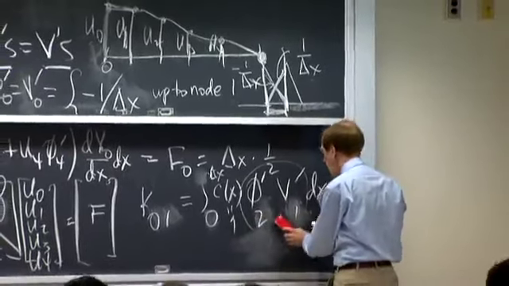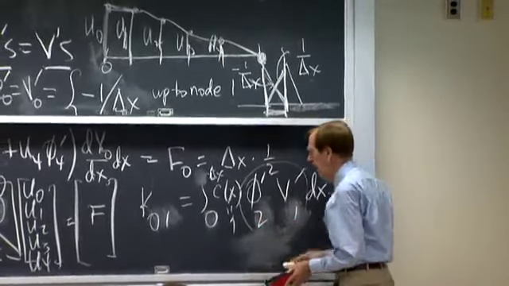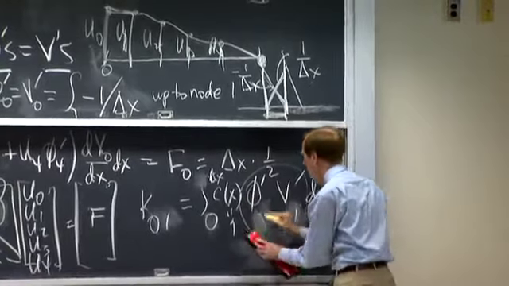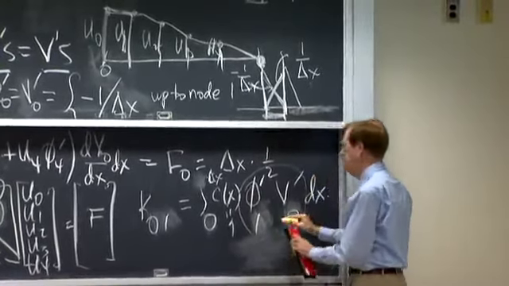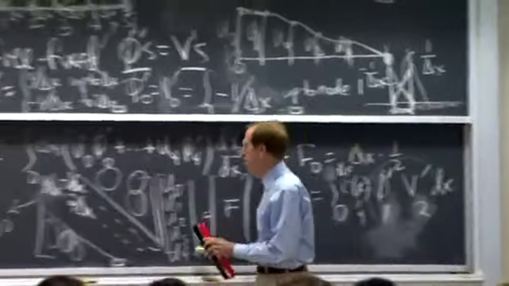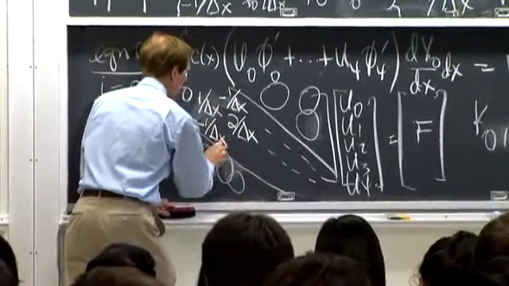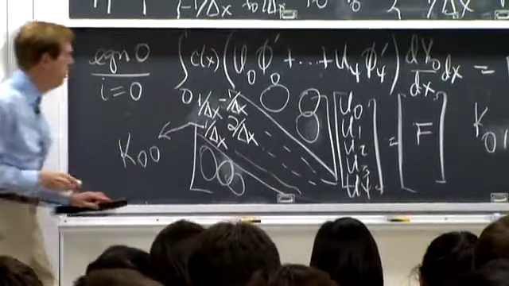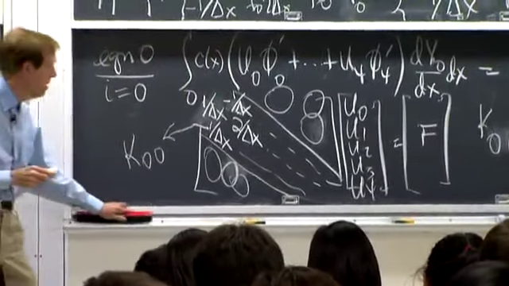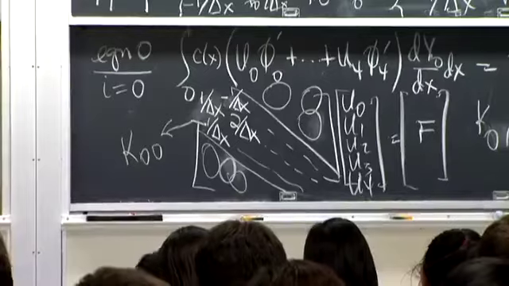When I do phi3, v2, same thing. And if I do phi1, v2, it'll be the same. I'm going to get this minus 1 over delta x all the way on that diagonal also. Symmetry, it's going to come out symmetric.